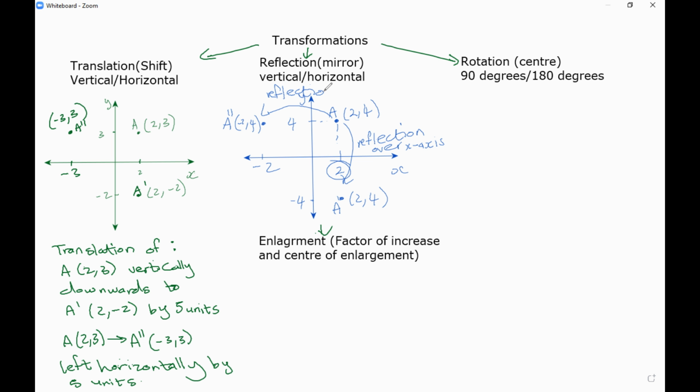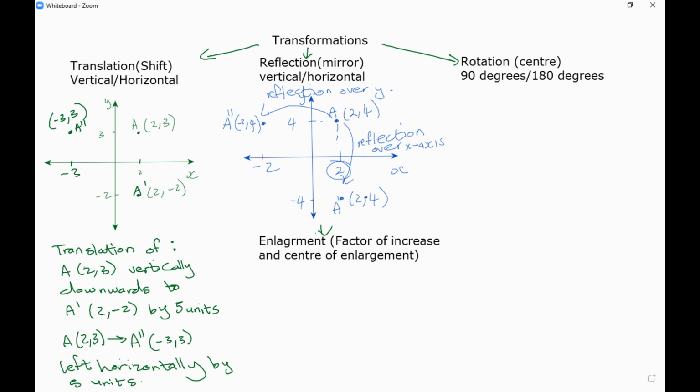What you'll notice is when you reflect anything over the x-axis, it's the y values that change. Only the y values change when you reflect it over the x-axis. And the x values change when you reflect it over the y-axis. Okay, those are examples of reflections.